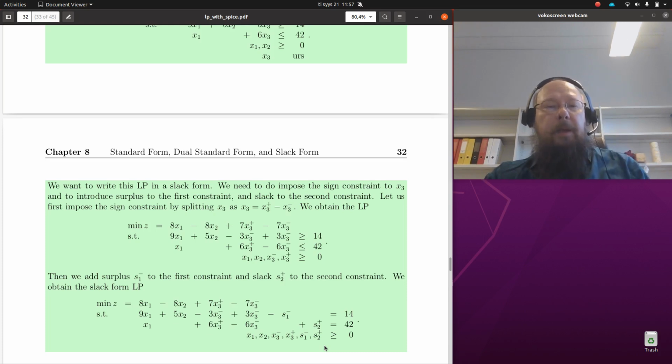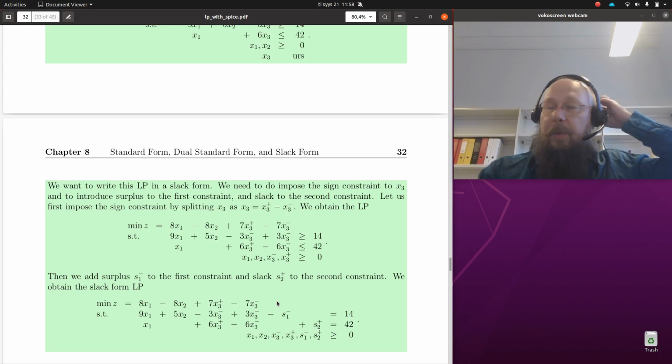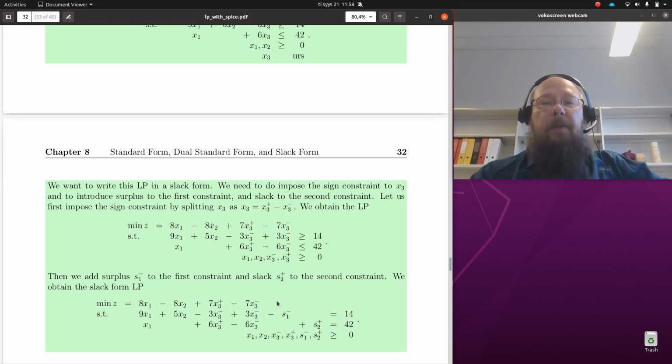And note that in the objective function the slacks are never explicit, but they are there of course. For example, when you want to implement this in Octave, you have to understand that this is plus 0 times S1 plus 0 times S2.